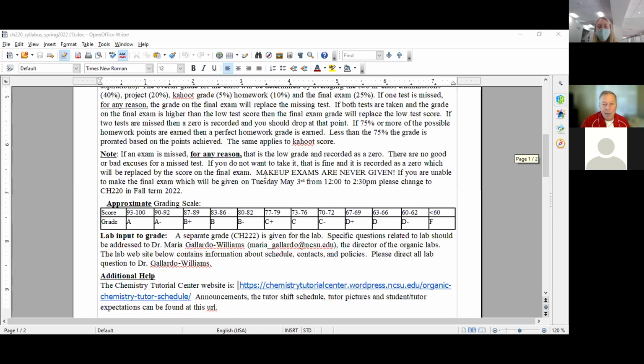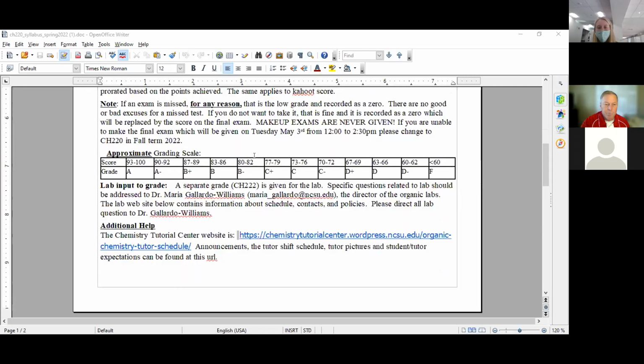All right. So here's the grading scale. It's typical. Here's the A's. Now, how can I get an A+? I want to get an A+. Well, that means you've got to get a score higher than 100. How in the world do you get a score higher than 100? Well, on the exams, I curve them.